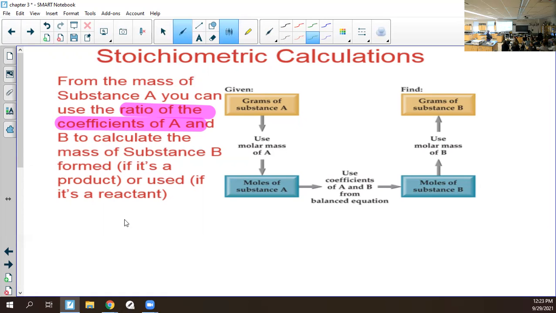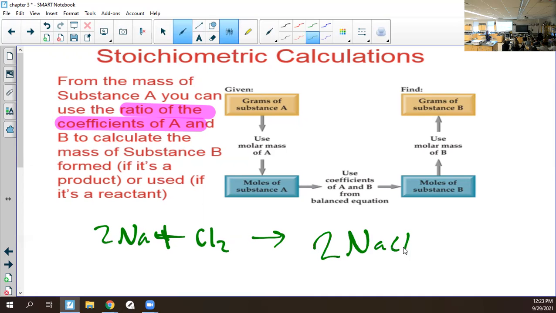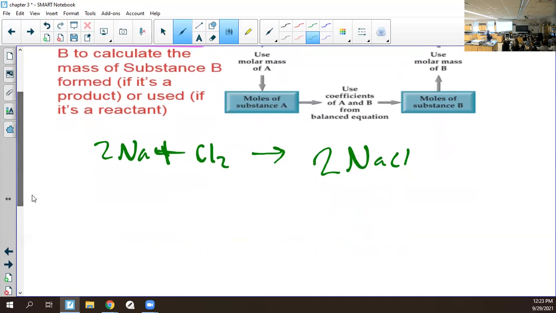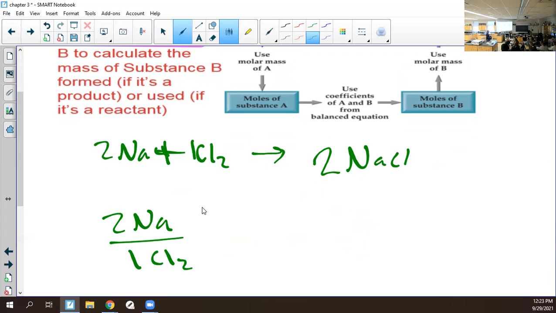So if I had 2Na plus Cl2 goes to 2NaCl, my ratio, like a number on top of another, would be 2Na per 1Cl2. Okay with that? 2 to 1.